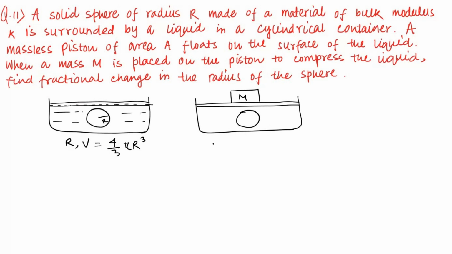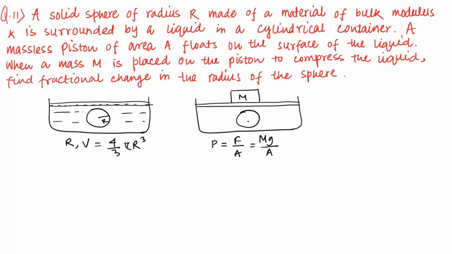We know pressure is equal to force upon area, and here it would be mg upon area. This pressure is applied equally on all sides of the liquid, from Pascal's law.